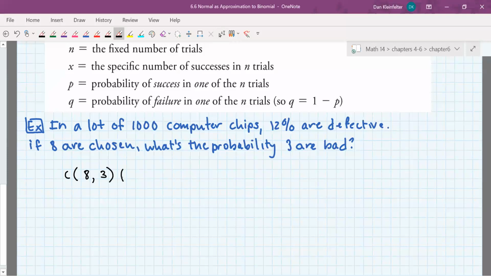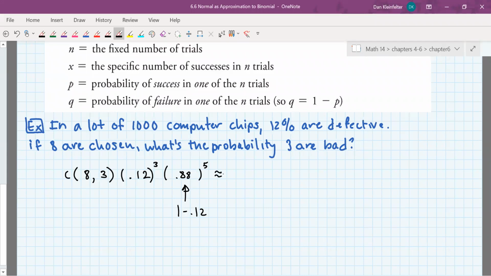And then the probability of success, here the success is getting one of those defective chips, occurs with probability 0.12, and we're looking for 3 chips to be defective. Then what about the other 5 chips? Well, they're going to have probability 0.88, that is 1 minus 0.12. Each chip then has an 88% chance to not be defective, and that has to be true of the remaining 5 chips.